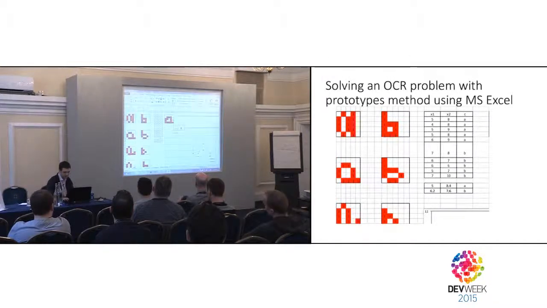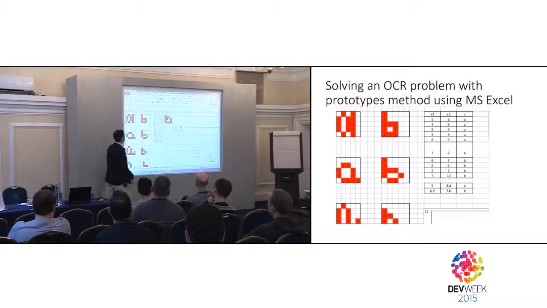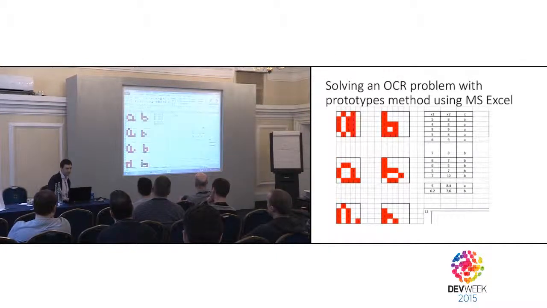So we can try various transforms here, and we see how the answer of the system changes in this cell. This one is classified as B, and you can see that we didn't have such an example in our training sequence. So the system is capable of recognizing objects that it has never seen before.